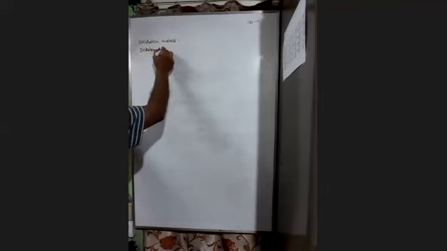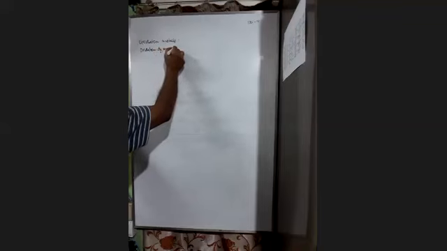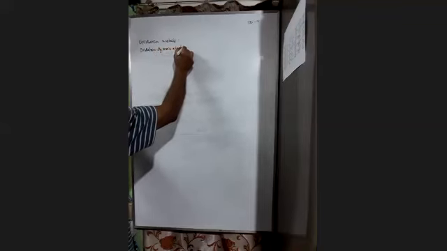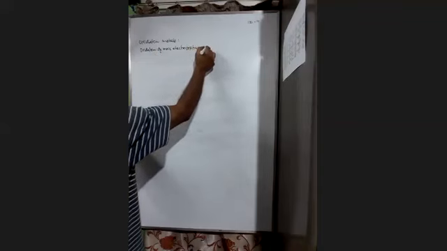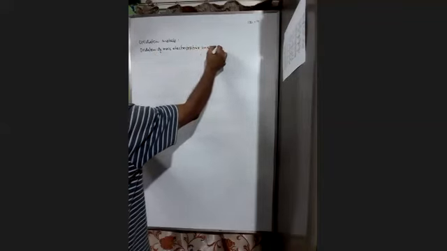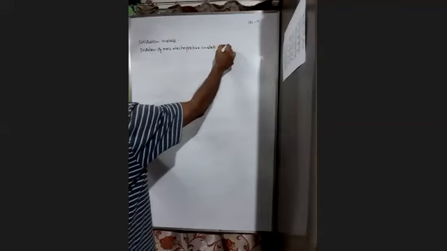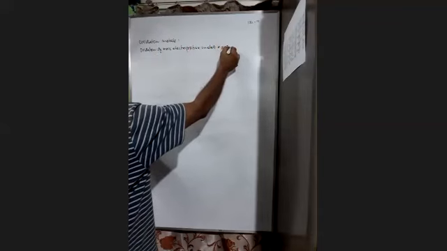Oxidation of more electropositive metal. Example, say it is zinc. So we know more electropositive metals, before being oxidized, it reduces the reagent.